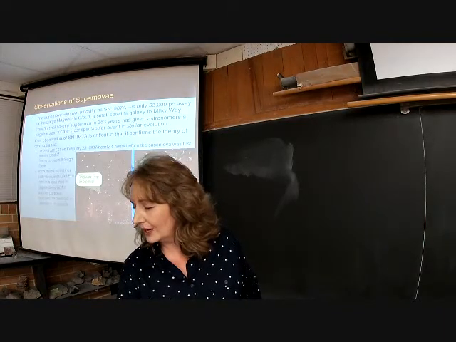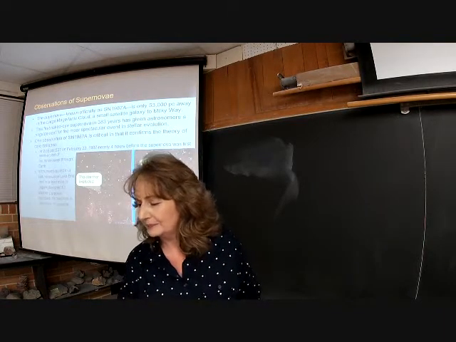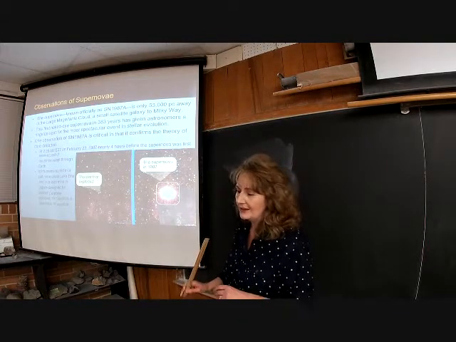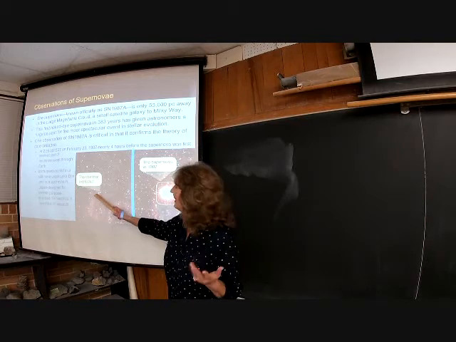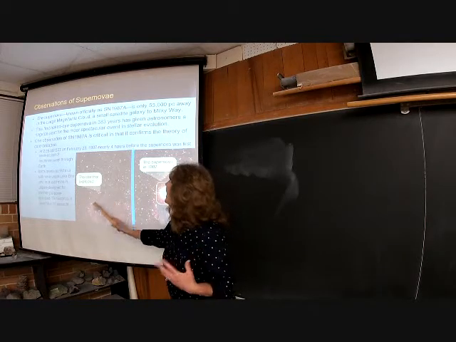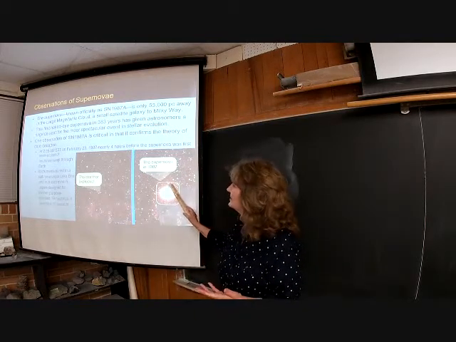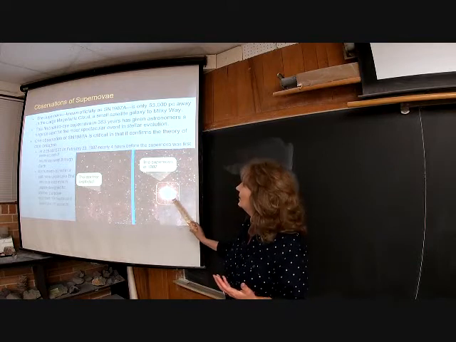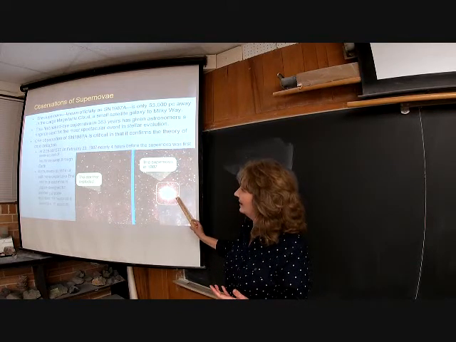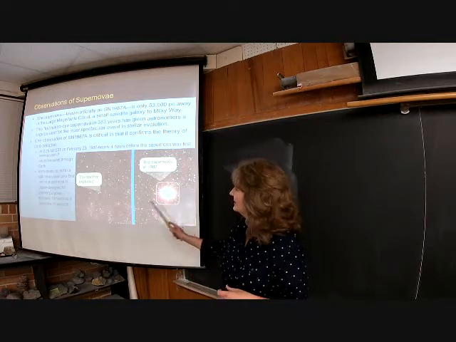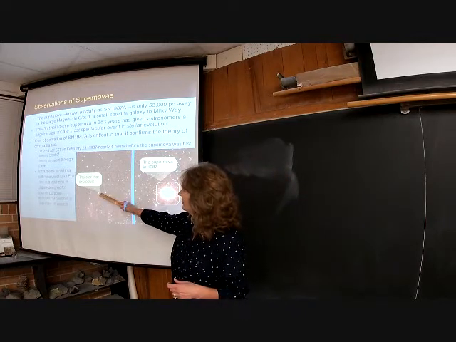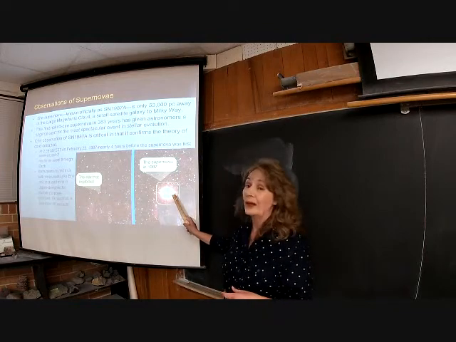Here's one, 1987. This was the star to begin with, the part of the sky with the star in it. And here's the supernova. Just look how large that got, how luminous that got. That's an extremely powerful explosion to go from like this on the sky to like that.